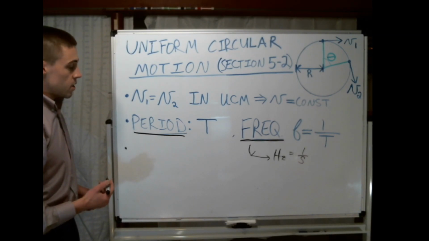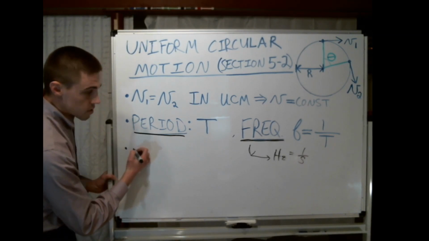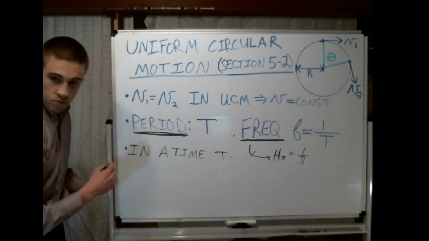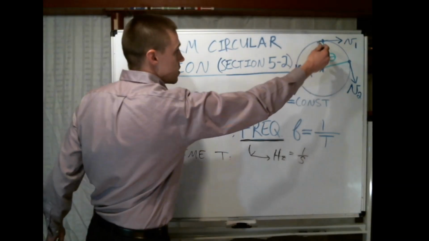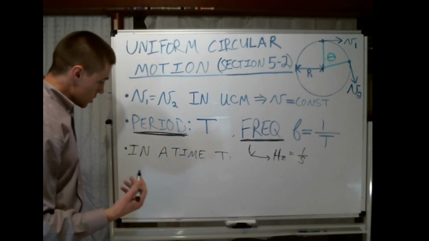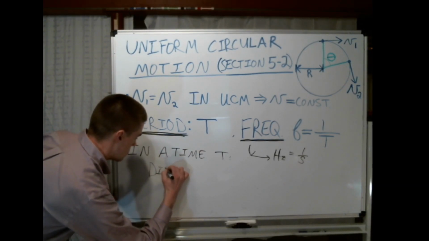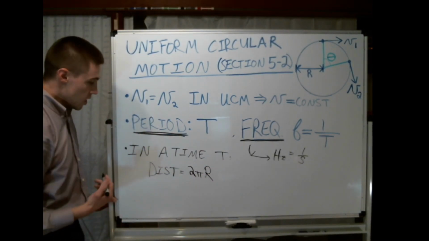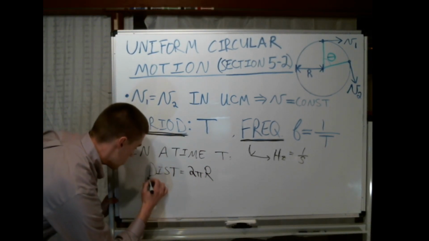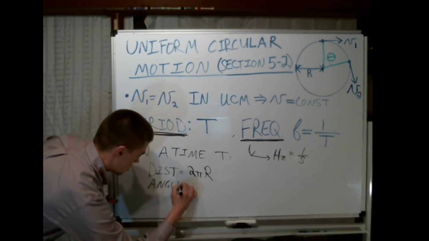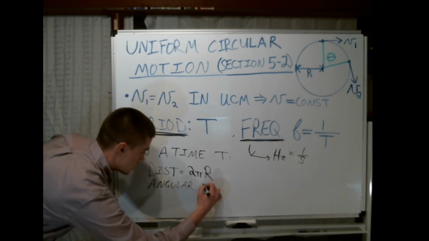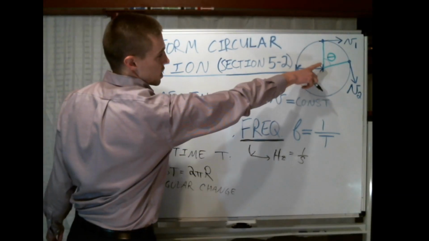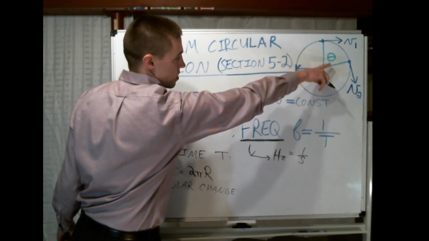So let's talk a bit about what changes in a period, within one period T. The object will travel a distance of 1 full circumference of this circle. So the distance that it travels will be equal to 2 pi times r, and the change in its angular orientation, here I've denoted the angle between these two velocity vectors to be theta here.